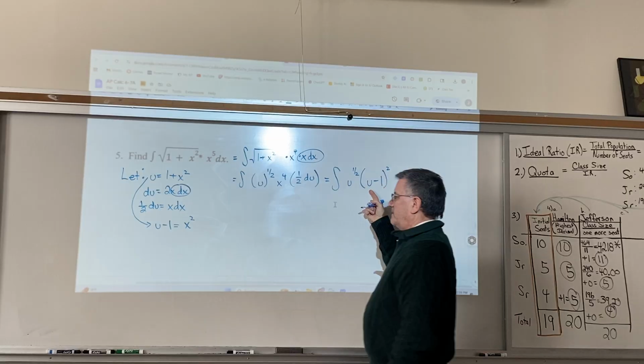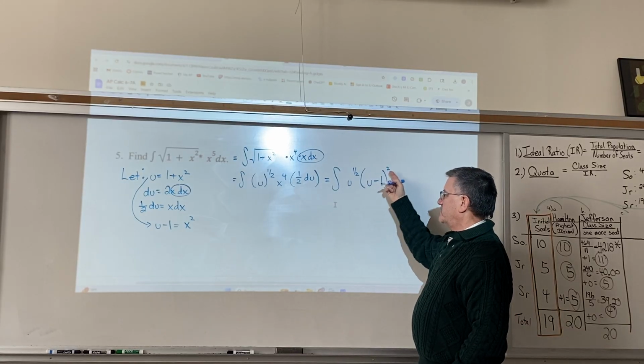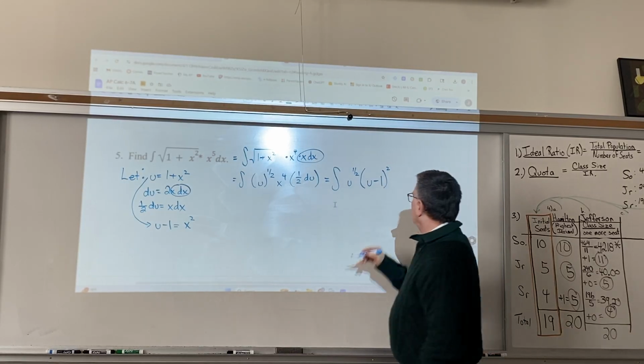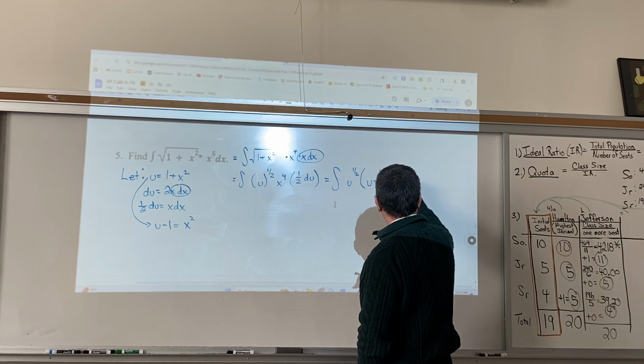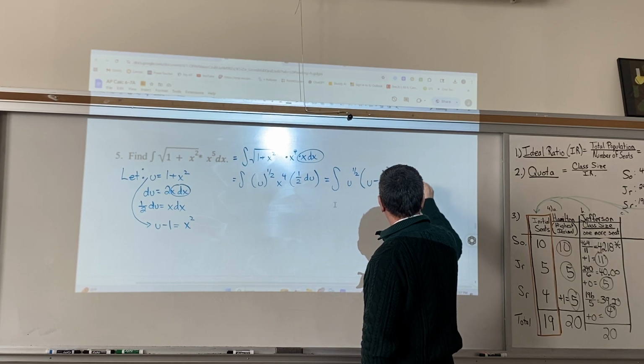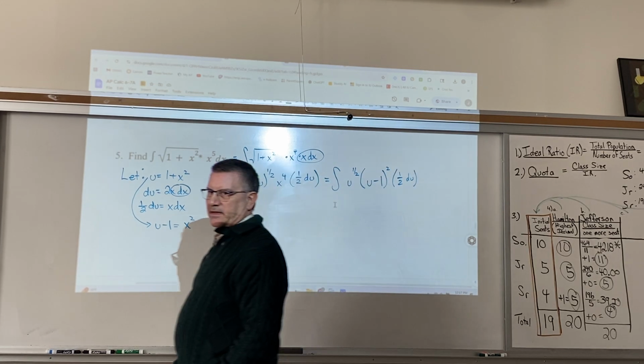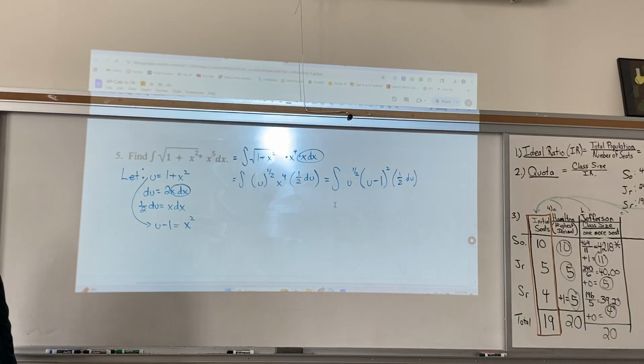So since that is x squared, squared would be x to the 4th. And then I've got a 1/2 du. See? If you have some x's left over, go back and look at what you said x was in terms of u. And you can bring that back in.